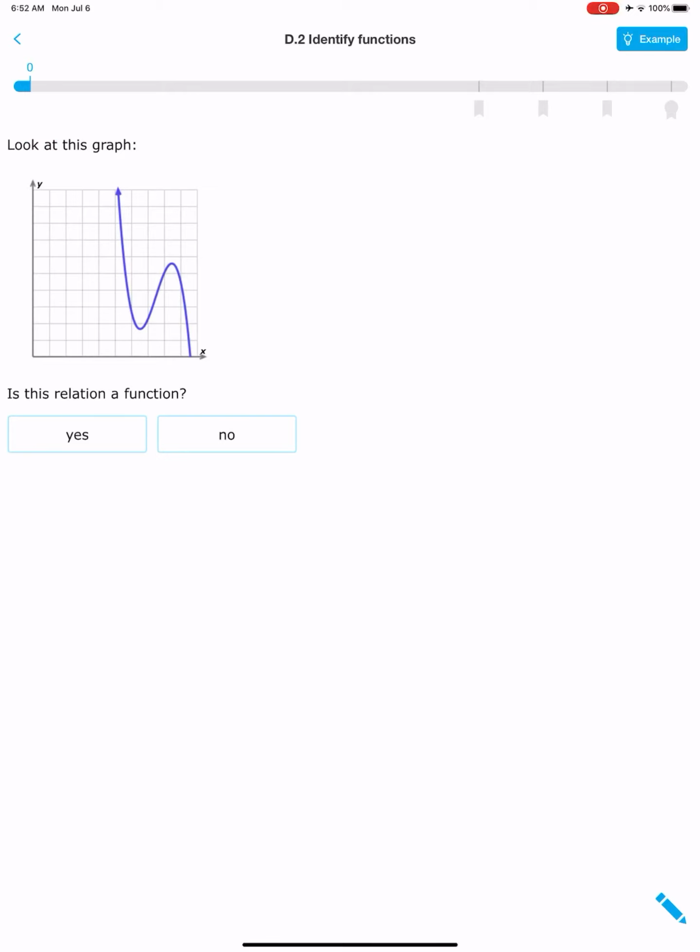D2, is this relation a function? We are going to do the vertical line test to determine this. That means if I could draw a line through this graph and it hits any 2 points. I'm drawing all these lines, can I hit 2 points at the same time? No. Therefore, yes, it is a function.